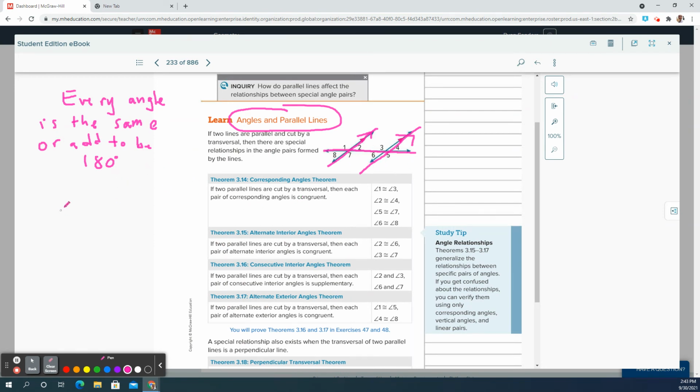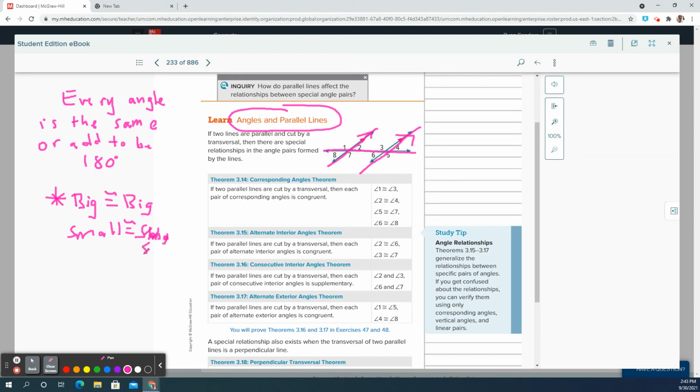Okay, and the key for most of these, big angle is equal to big, or congruent. Small angle is going to be congruent or equal to small angle.